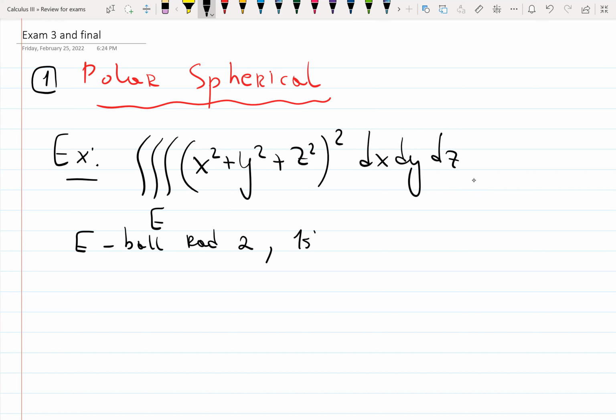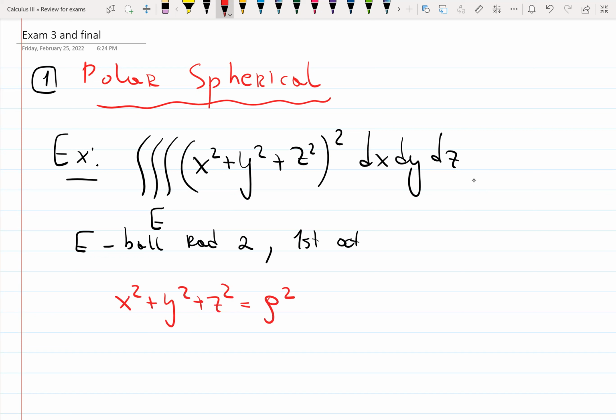And then they also say first octant. You need to remember the formulas. First of all, lots of formulas actually, let me do all of them. But definitely x squared plus y squared plus z squared is rho squared. That is good and it's known.